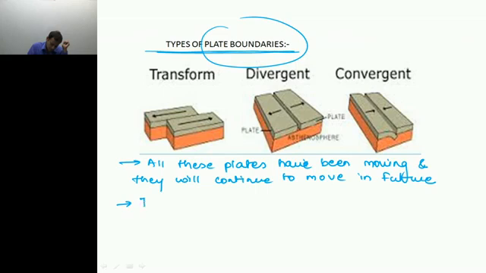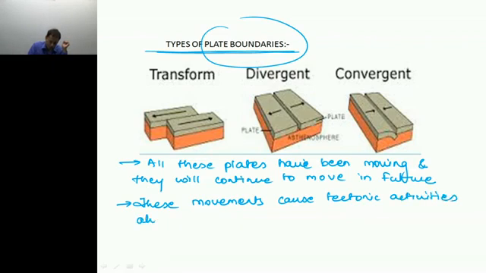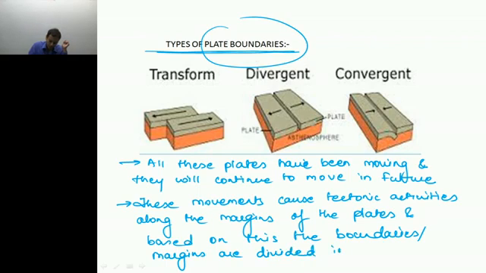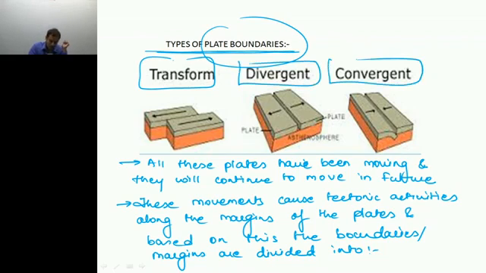These movements cause tectonic activities along the margins of the plates, and based on this, the boundaries or margins are divided into transform plate boundary, divergent plate boundary and the convergent plate boundary.